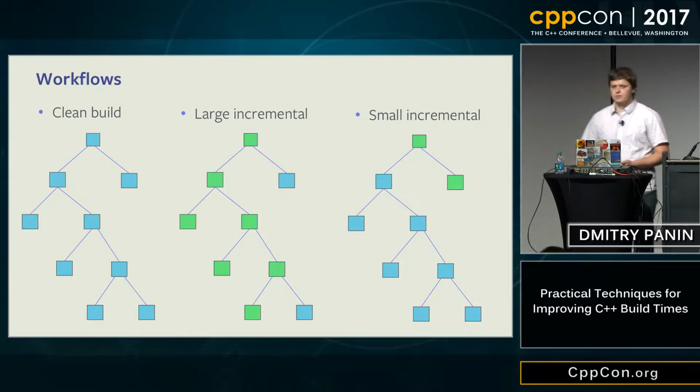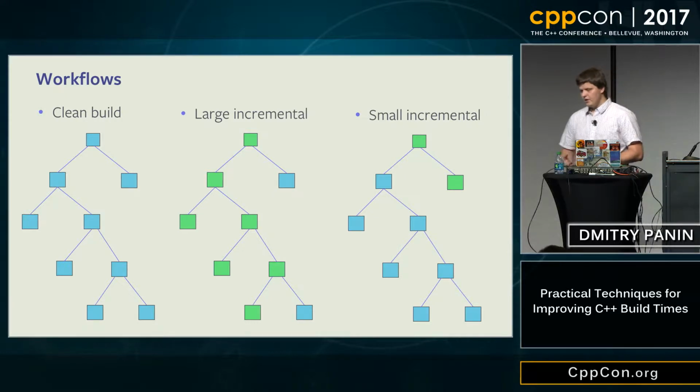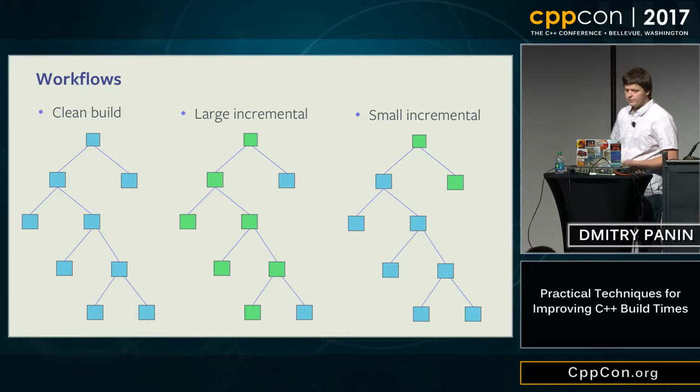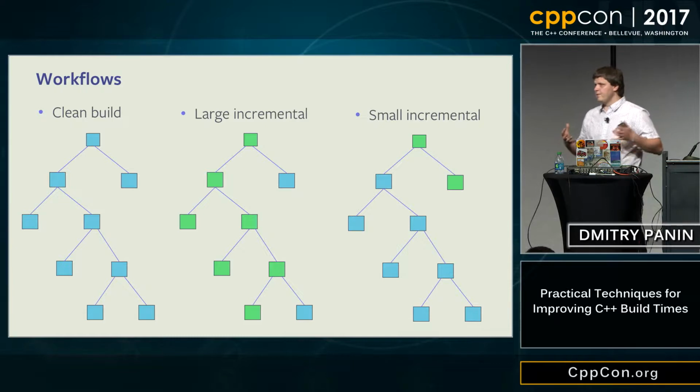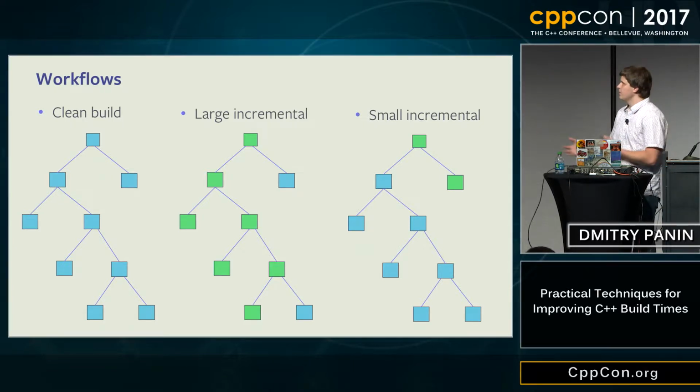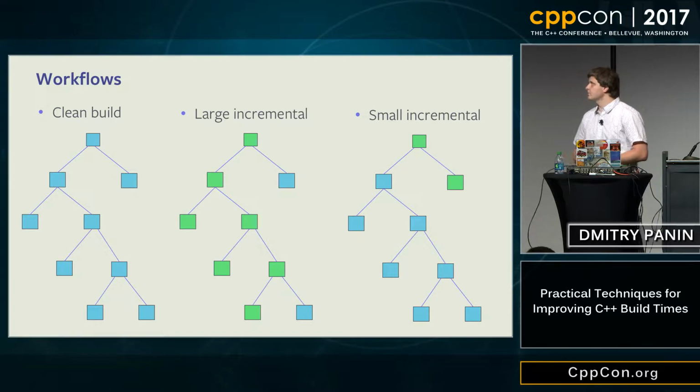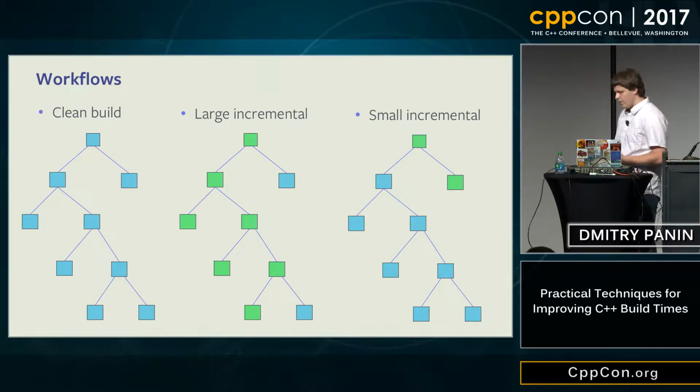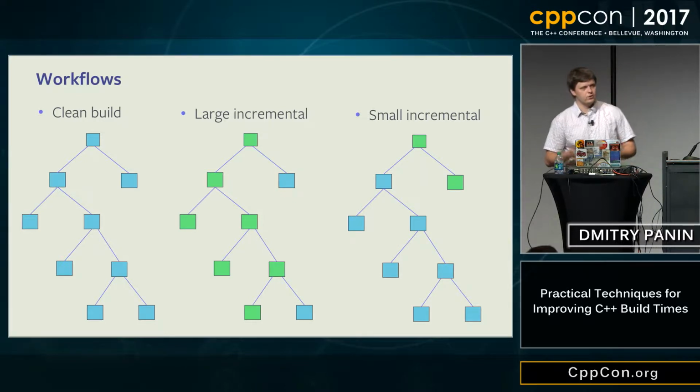You don't have any changes there, so you just build it from scratch, right? What essentially this workflow means is that you don't have any local changes, so we should be able to take it from the cache. We will talk later about the cache itself. Another workflow is large changes. You build once, and then you try to modify some headers, like in some core library.